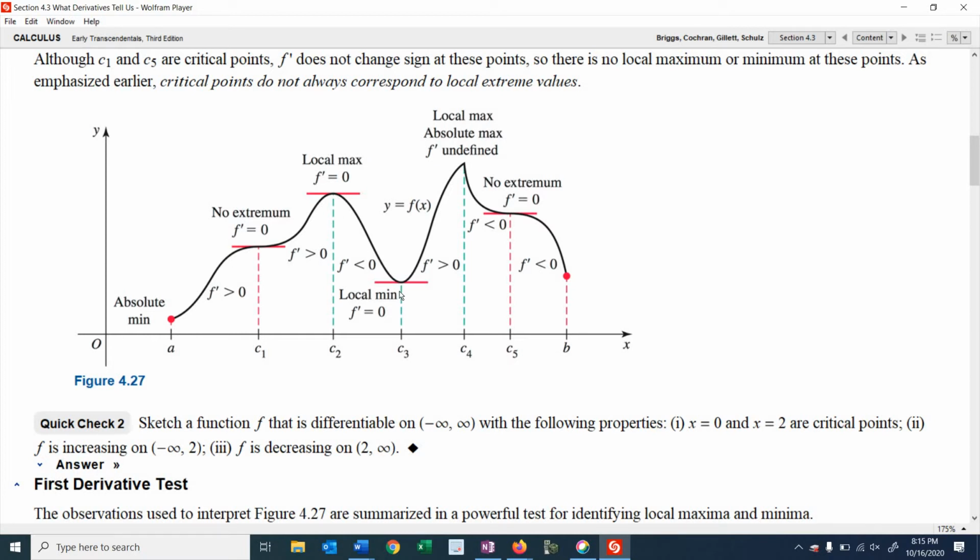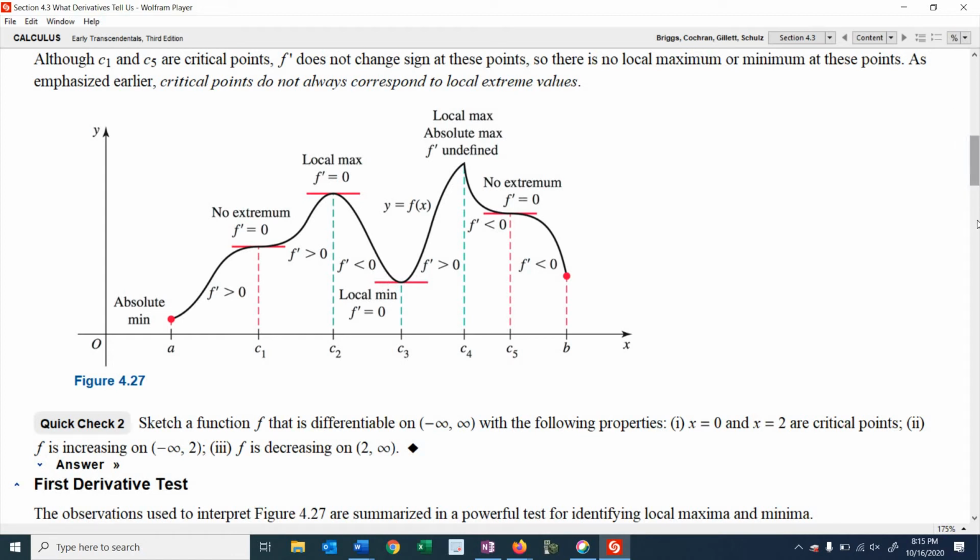Whereas if you have a local minimum, like at this critical point, then to the left of that critical point, the derivative is going to be negative because it's decreasing. And then to the right of that critical point, the derivative is going to be positive because it's increasing. And that creates the local minimum.